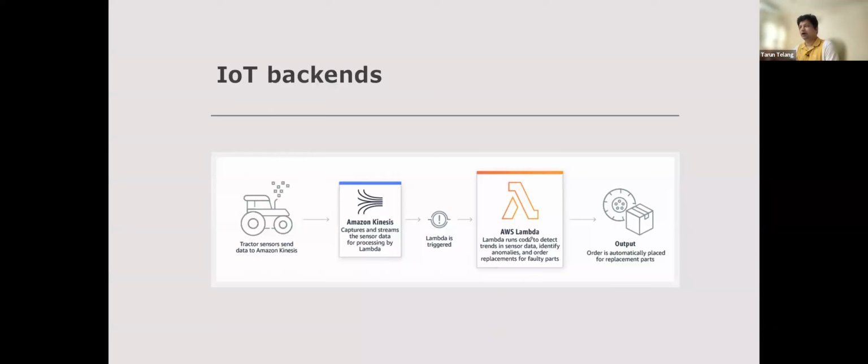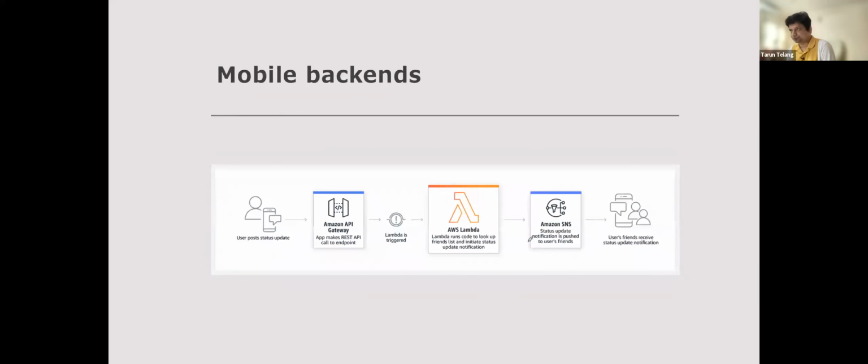And this is how you can automate business workflows in IoT scenarios as well. So your Lambda service could be a backend for an IoT service as well. On the same lines, you can use AWS Lambda to create backend services for your mobile applications.